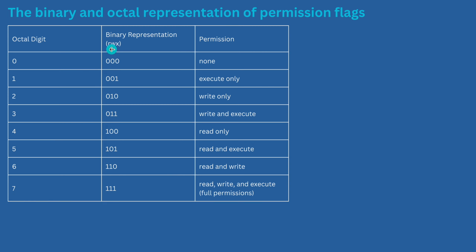And you see here RWX, each digit meaning RWX. First is read, second is write, then execute. All are 0 means no permission. Here 001 is execute only.